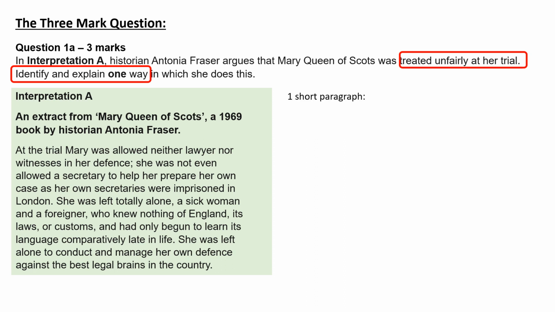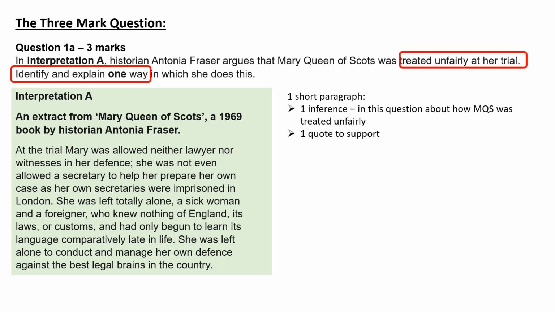First of all, it would only be one short paragraph for the 3-mark question. You would be expected to make an inference about how Mary Queen of Scots was treated unfairly. So remember, an inference, something that we can work out from the interpretation, not something that it gives us, something that you can read between the lines in the interpretation and work out for yourself about the fact that Mary Queen of Scots was being treated unfairly.